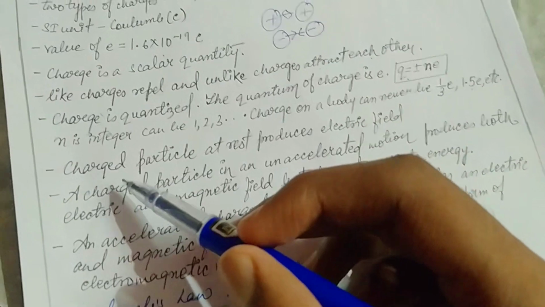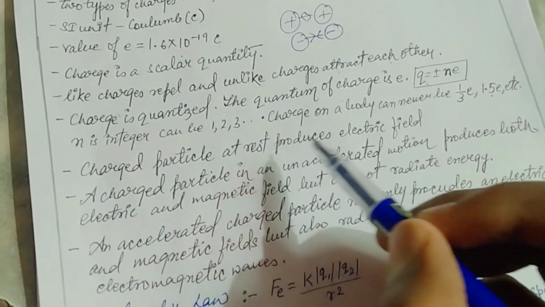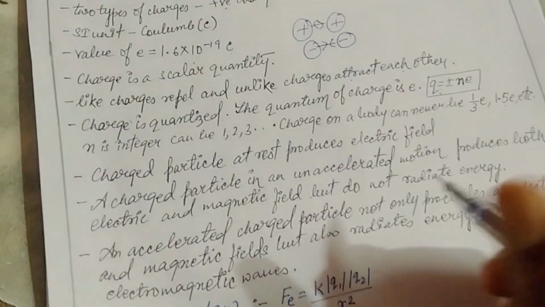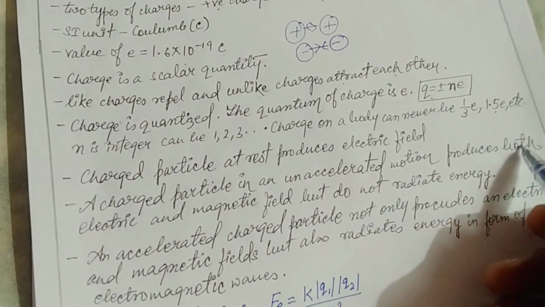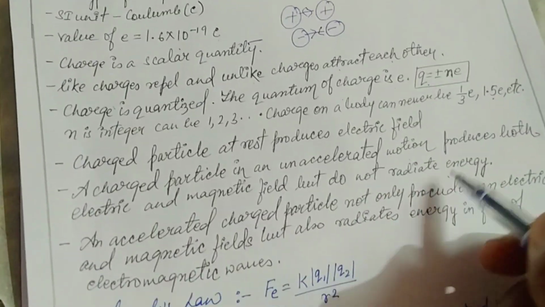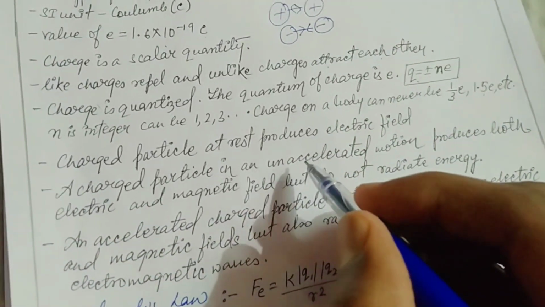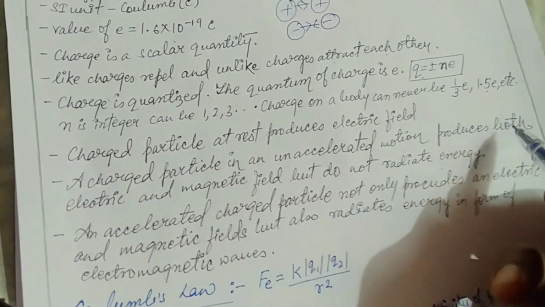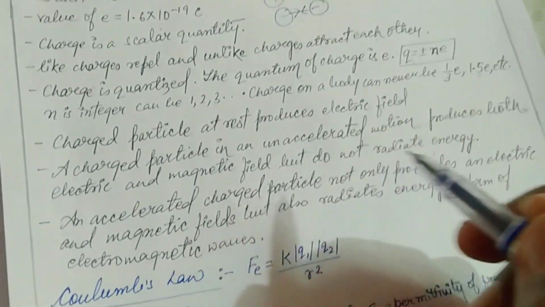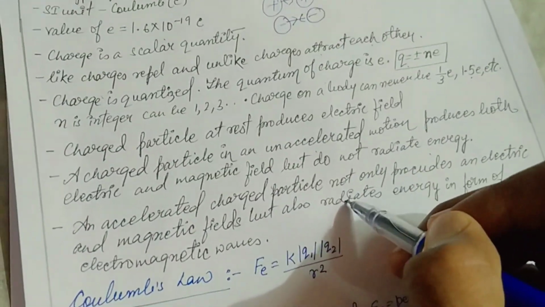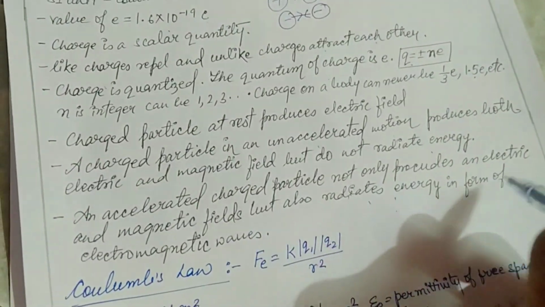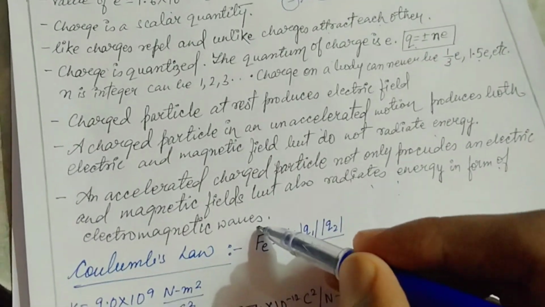A charged particle at rest produces an electric field. A charged particle in unaccelerated motion produces both electric and magnetic fields but does not radiate energy. The charged particle which is accelerated produces both electric and magnetic fields, and it radiates energy in the form of electromagnetic waves.